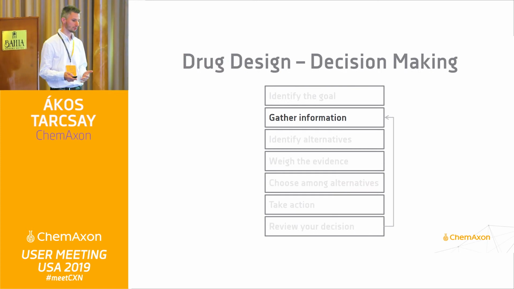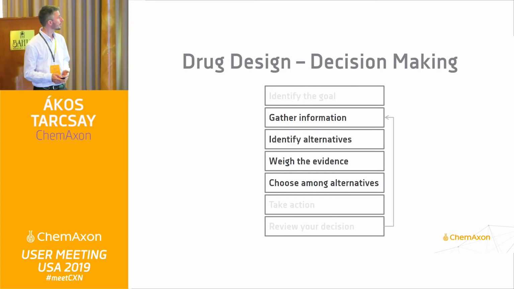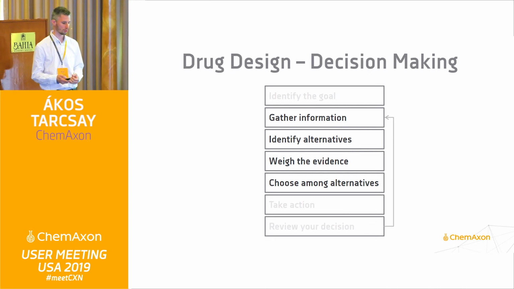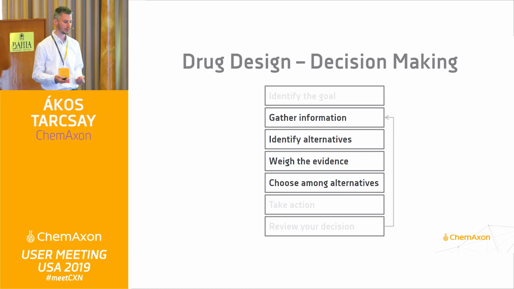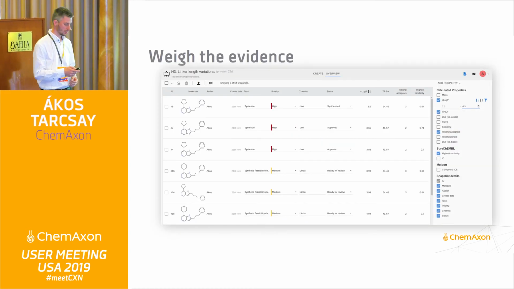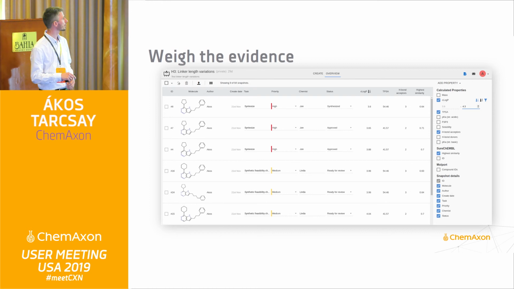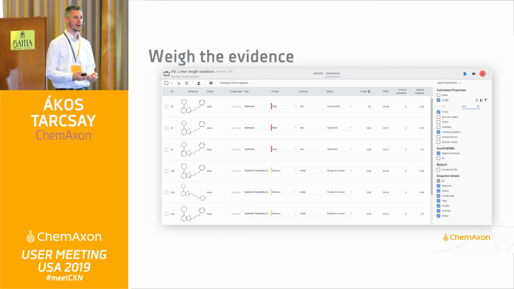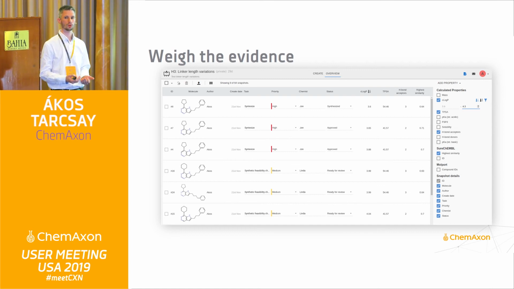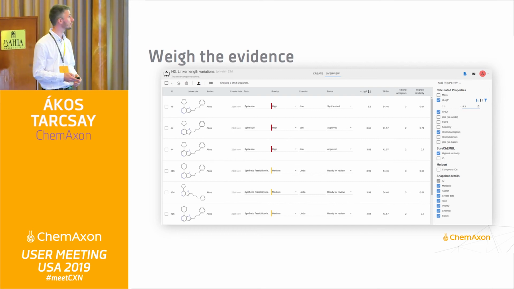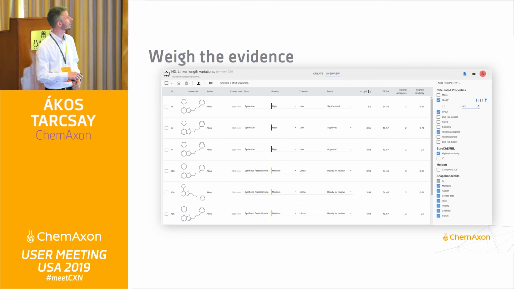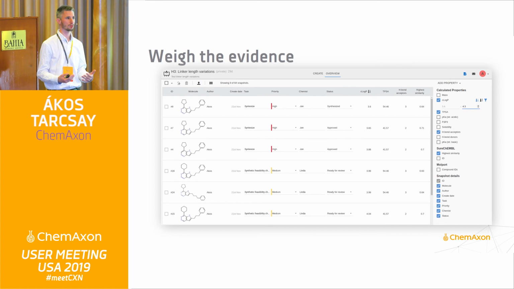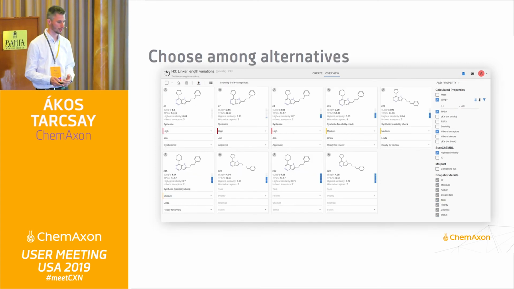So that was about gathering information, but Marvin Live also offers views to identify the alternatives, weigh the evidence, and choose among them. I just put here a screenshot in overview mode, when you would like to have an overarching view of your compounds in this virtual design space, where you can assign priority and status, and do filtering, sorting, and rank the molecules accordingly.